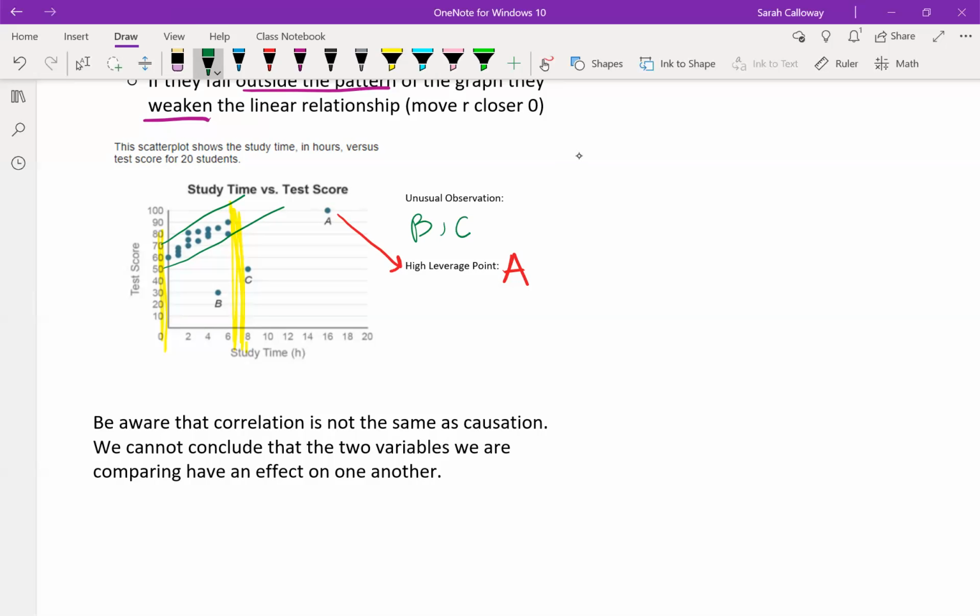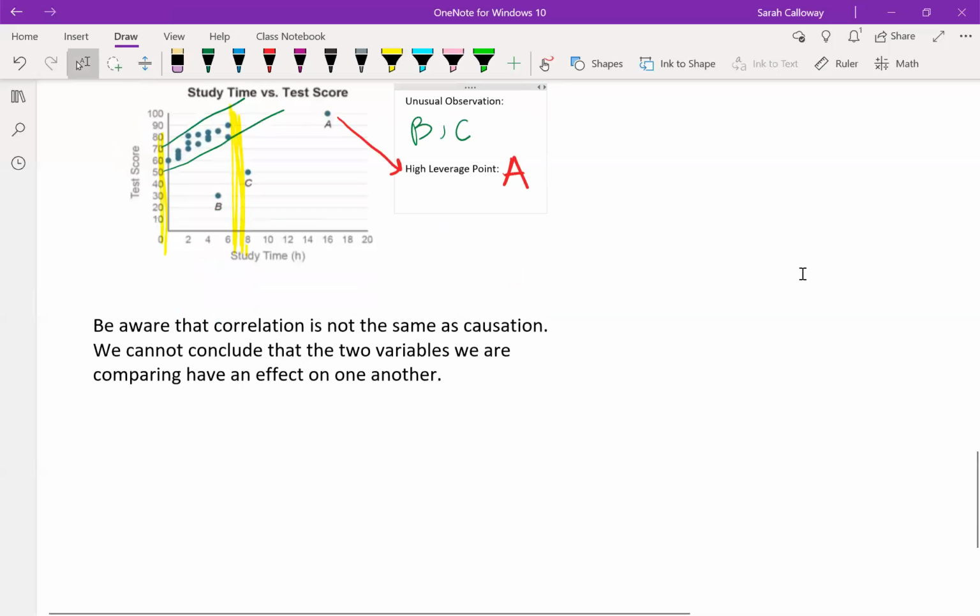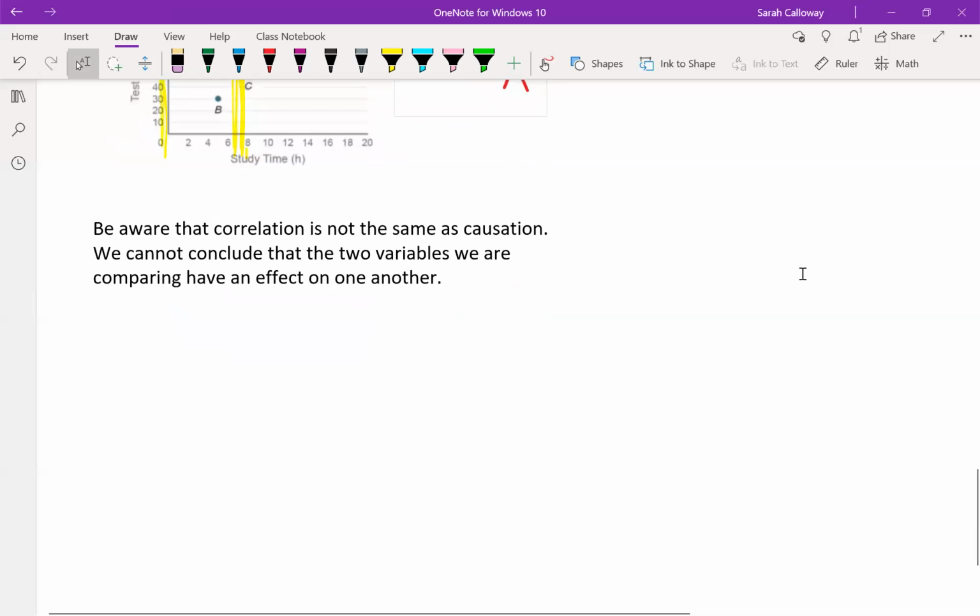The last thing that they talk about in this lesson is correlation compared to causation. If I'm studying something, I want to determine if my explanatory variable causes my response variable to change in a particular way. Remember that correlation shows a pattern that provides reason to go further into a study.